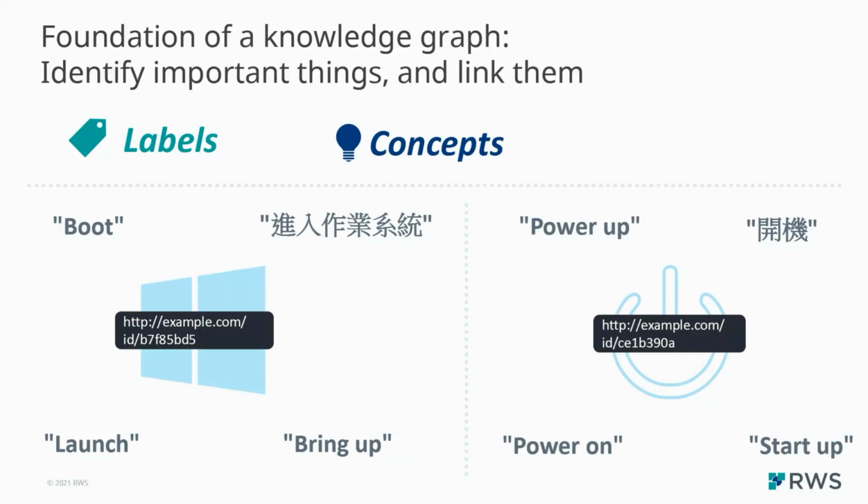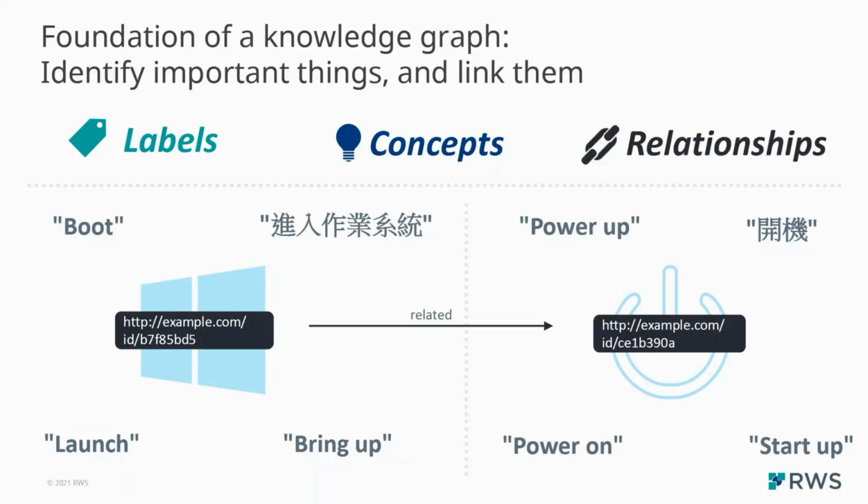I've now given that an identifier. It's not a very helpful identifier. You can't read it, but that's the point: I've defined it in a machine-understandable way. All these mean the same concept, and that's going to come in very useful later on. The same with power up. Once we've defined these key concepts, we need to map them, first of all to our content, but also to each other.